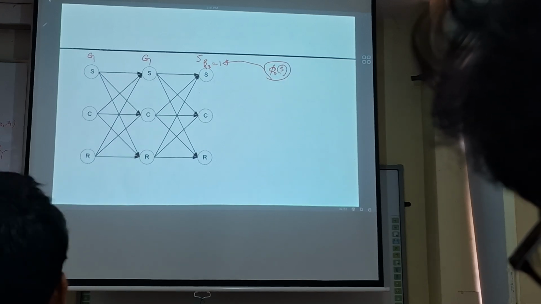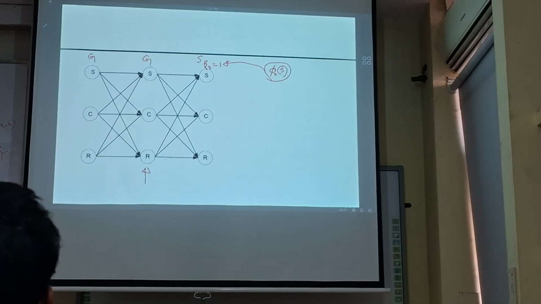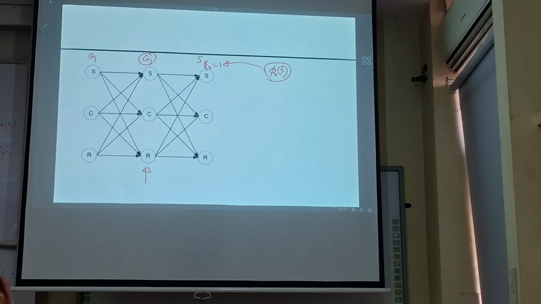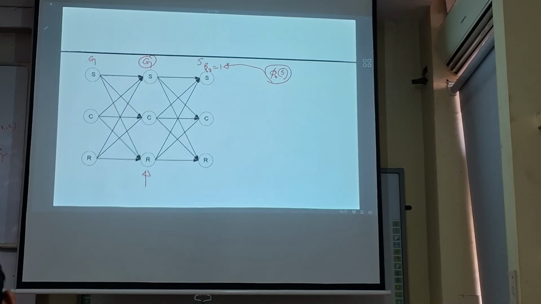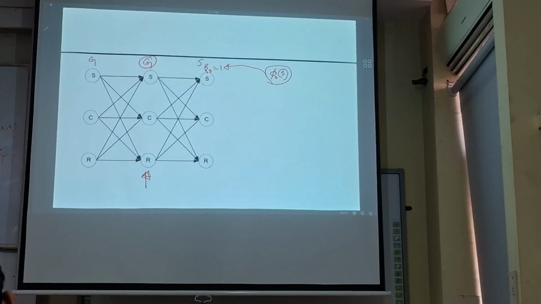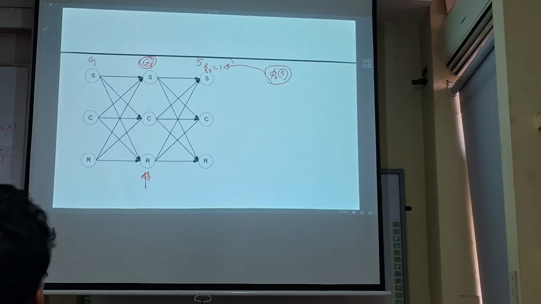Right? So in the forward algorithm, when we consider this state, we consider the symbol here. But in the backward algorithm, when we are here, we do not consider the symbol here, but we consider the symbol up to here.